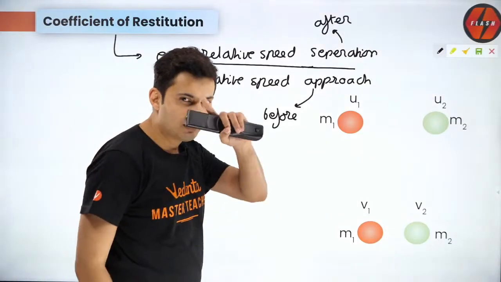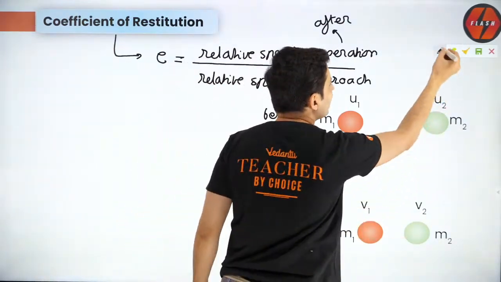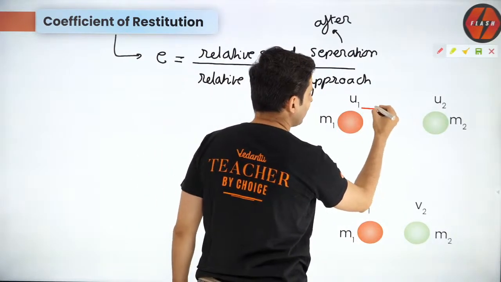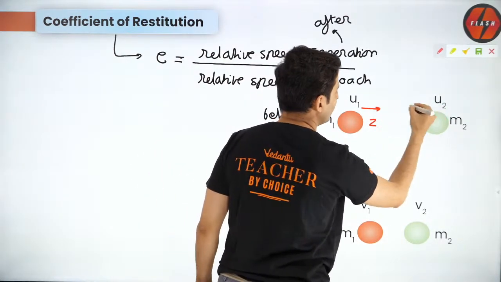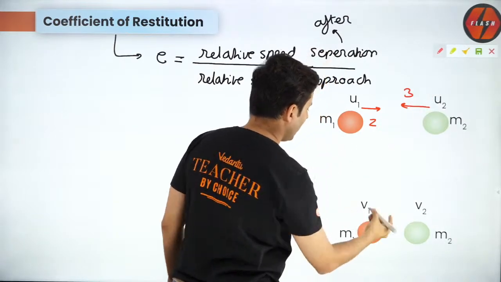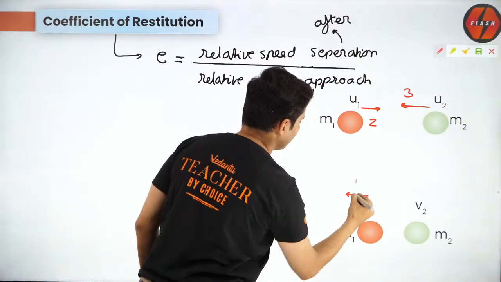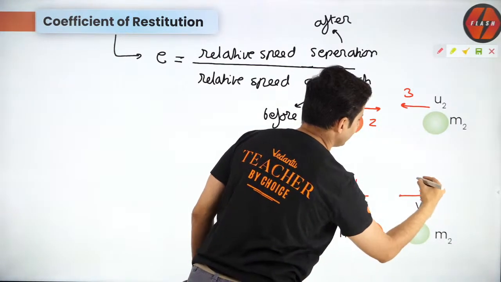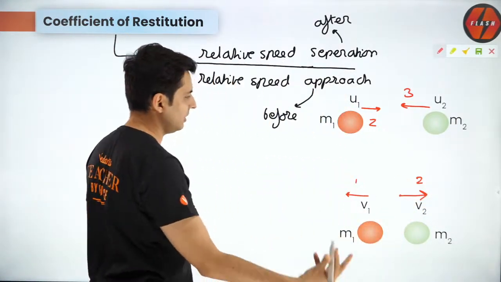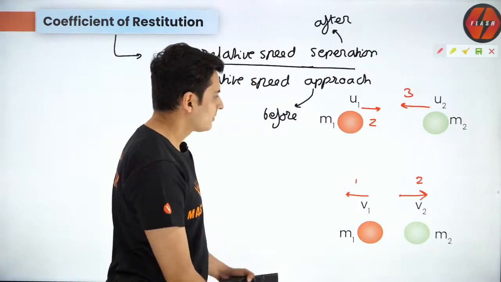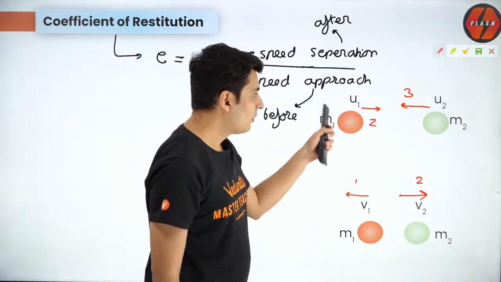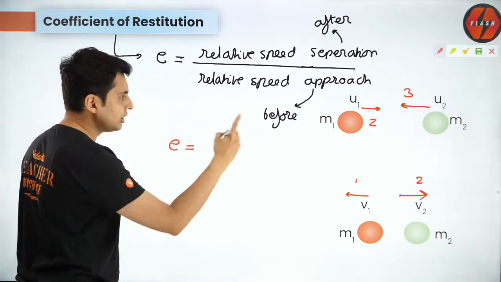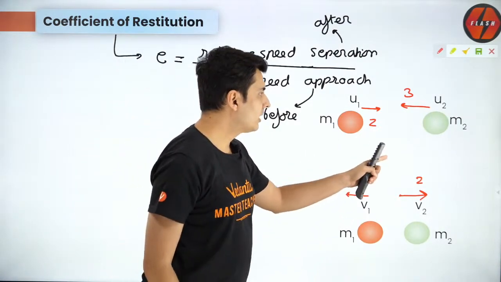Now let me give you some examples so that you get some idea. Say for example, I tell you u1 is 2, u2 is 3, and after the collision v1 is 1 and v2 is maybe this way, and let's say that is 2. This is just an example, guys. Now what do we do? If I want to find the value of E in this situation, think about it.